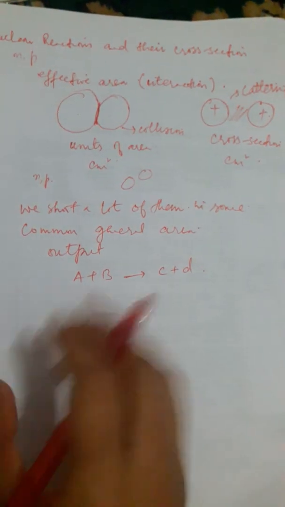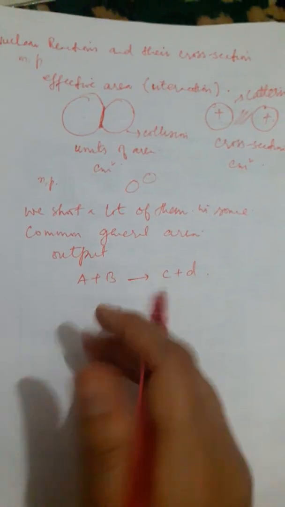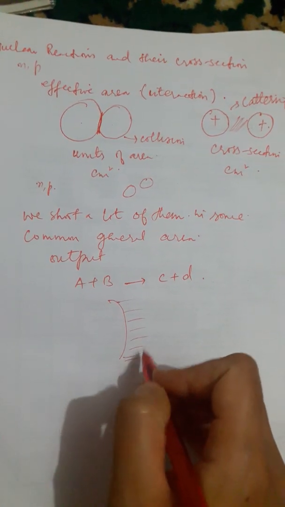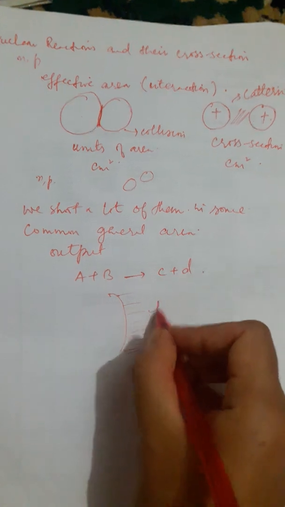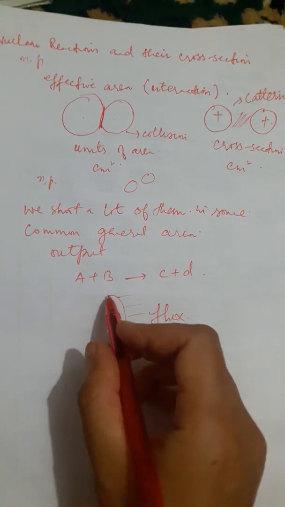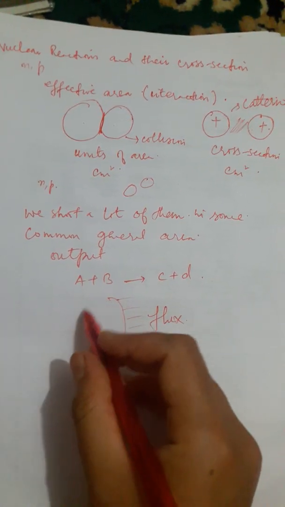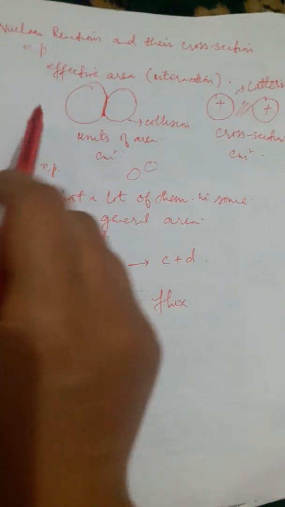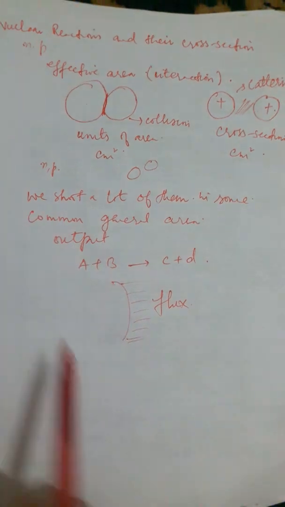So once we shoot a lot of them in some common general area, we see the output of the particles. And then we see how many particles, or the flux of particles, we have obtained corresponding to a given unit of area. In this way, we find the cross section in case of particles of elementary, nuclear nature, right?